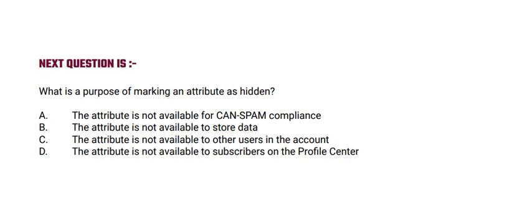Option C, the attribute is not available to other users in the account. And option D, the attribute is not available to subscribers on the profile center. The correct option is option D.